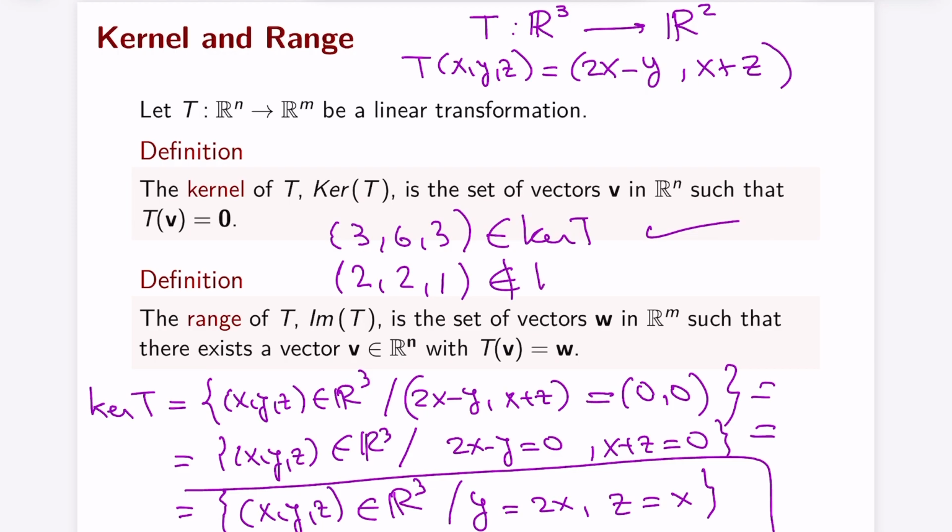Well, this vector does not belong to the kernel since y is not equal to double the x. So it doesn't belong to the kernel. Okay, so we have an idea of what is in the kernel of this transformation. In the same way, you can define the image, which should be a subset of the two-dimensional space.